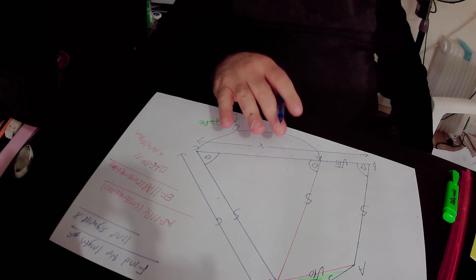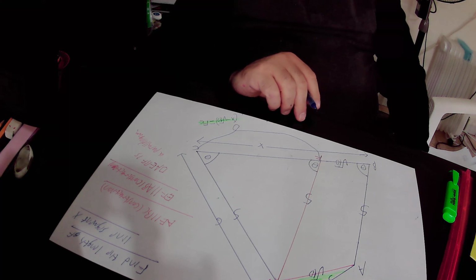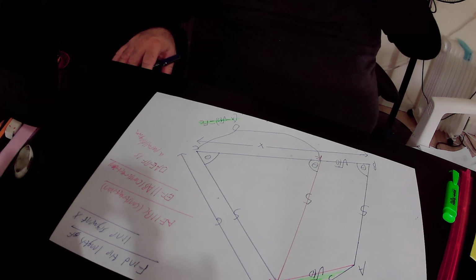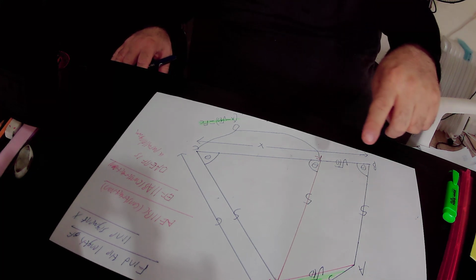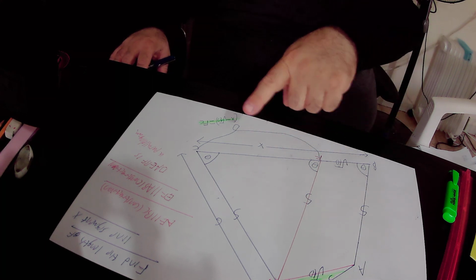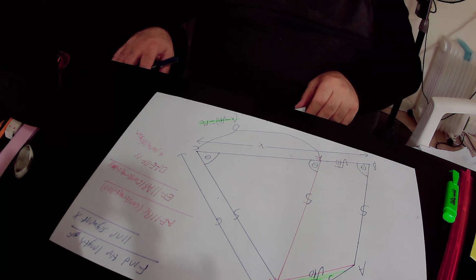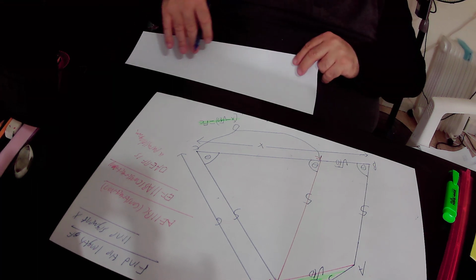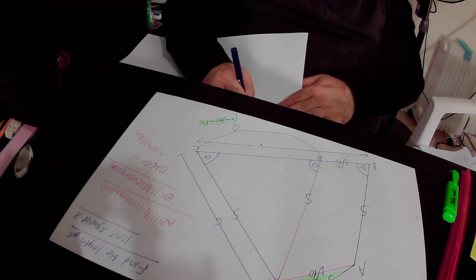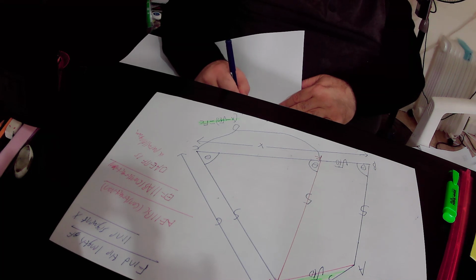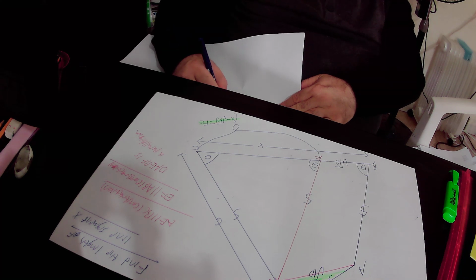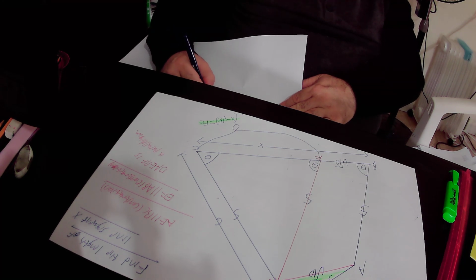We'll focus on triangle EFC. Actually, triangle EFC is an isosceles triangle because side EF equals side EC equals 5 units. So we write it down: triangle EFC is an isosceles triangle.